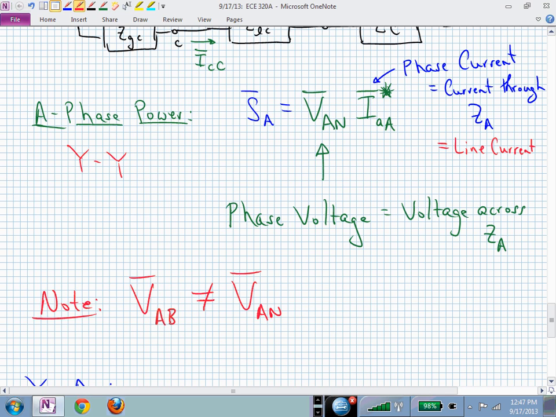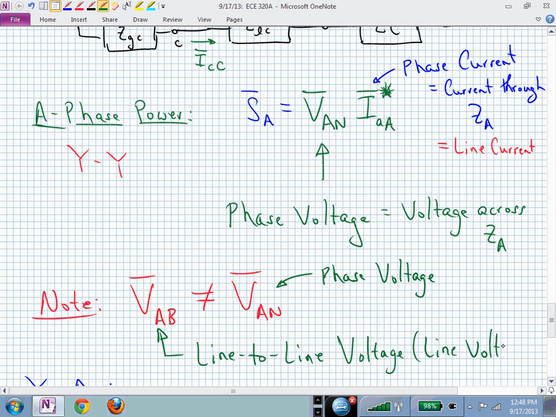V sub AN was the phase voltage, V sub AB is actually the line to line. That's from transmission line A to transmission line B, that voltage. And a lot of times we will get lazy, or everybody just calls it the line voltage. And that's for the Y configuration.